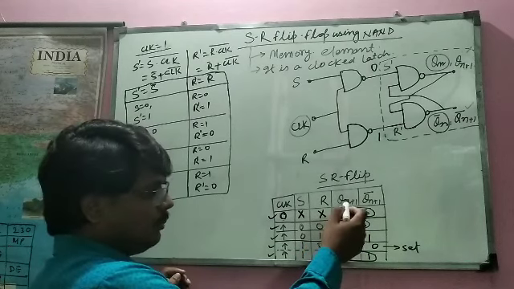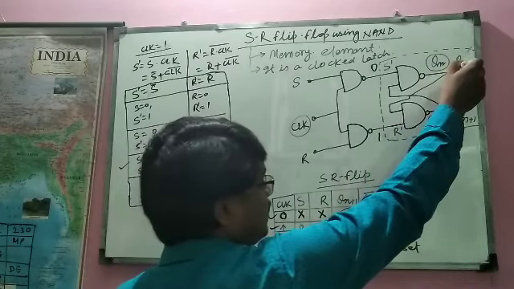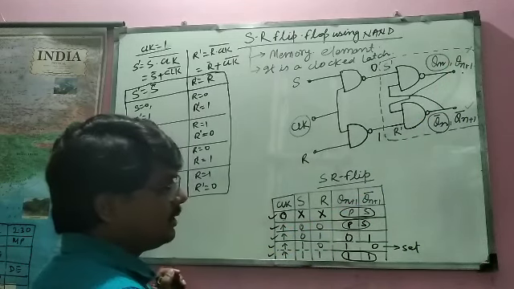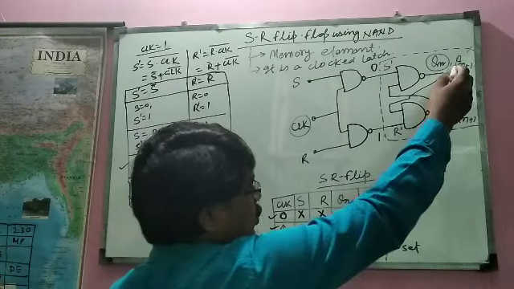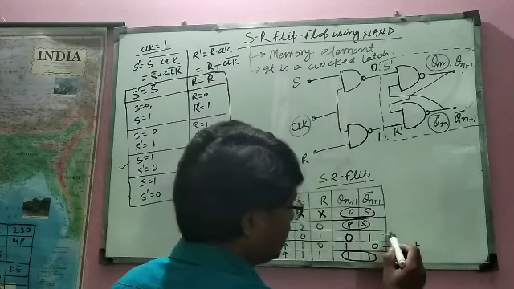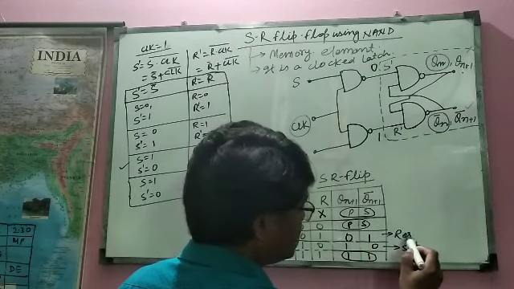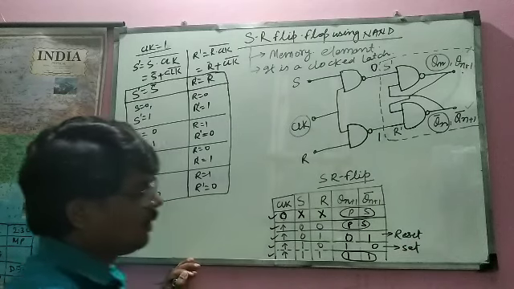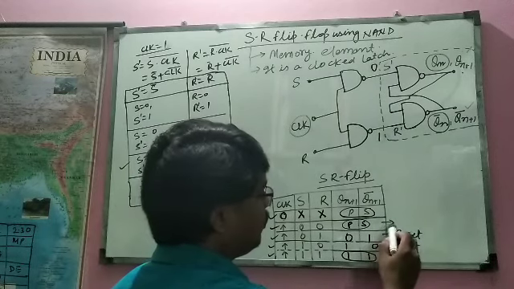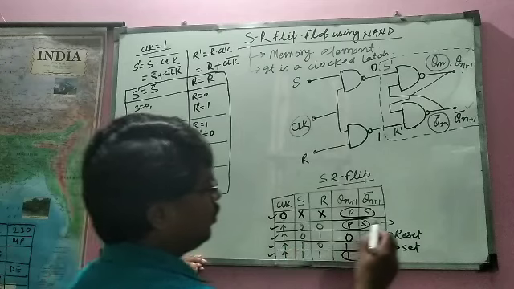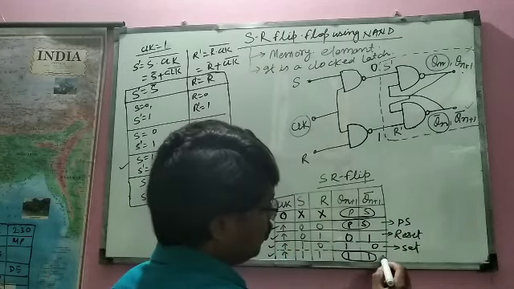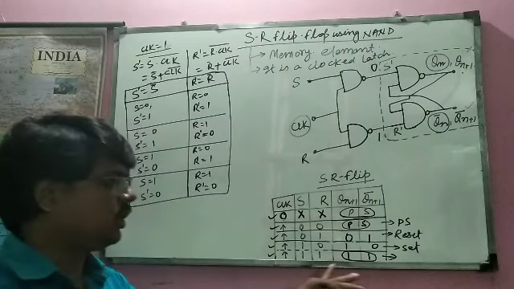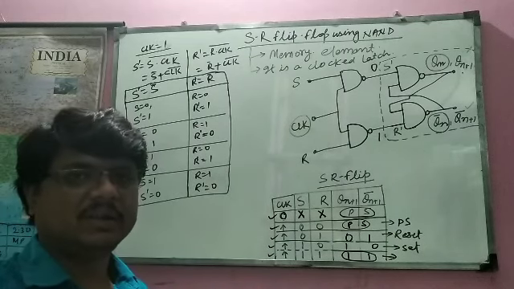If this output is high, the flip flop is set, and if this is low, in this case the flip flop is in reset condition. When both of these inputs were 0, it will remain in the previous state, and when both of these try to come to 1, this is not a valid case.